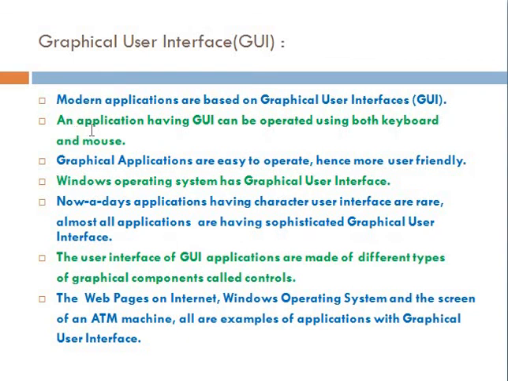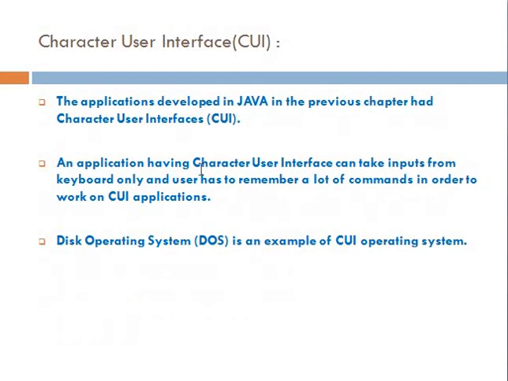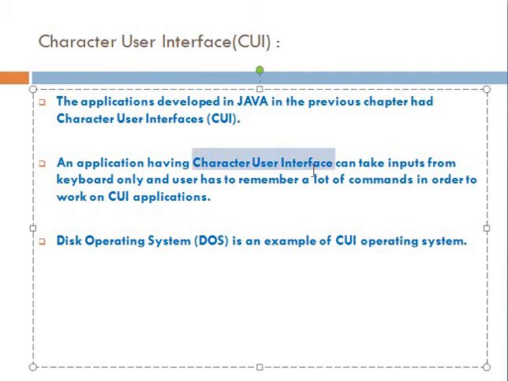Another point to be noted is that the applications having the graphical user interface can be operated using both the keyboard and the mouse, whereas the applications developed using the character user interface can use only the keyboard. They can't make use of the mouse, and since it's keyboard based, it requires a lot of commands to be typed, and that's the demerit of the character user interface operating system.